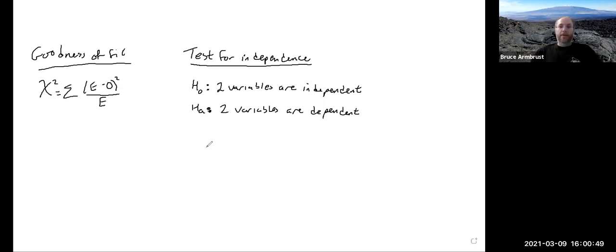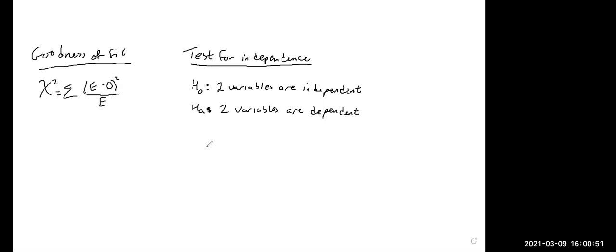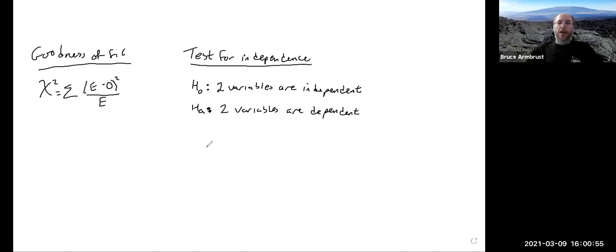Well, that's exactly what we're testing here. It's just we don't necessarily know the exact probabilities, so we can't do things like find the probability of one dependent on the other, or one given the other, and all that kind of stuff, right? But we can still see whether or not there's evidence to suggest that they're actually independent or not.